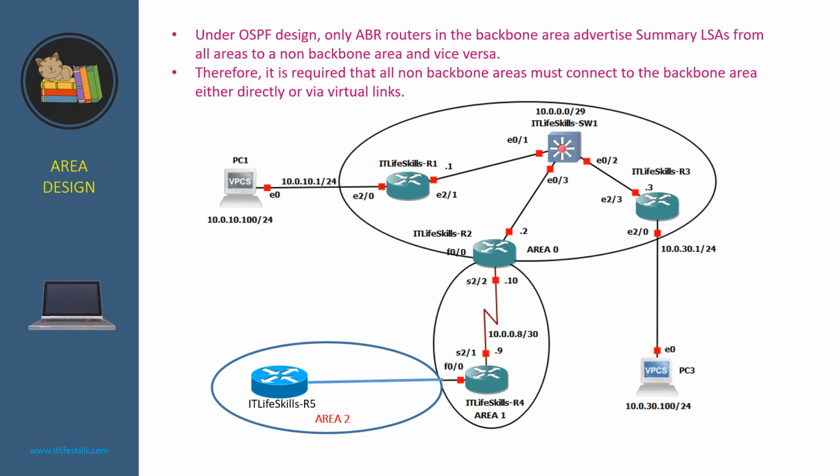Therefore, this configuration is illegal. If we must connect like this for any reason, we have to configure a virtual link like this to connect area 2 to area 0.